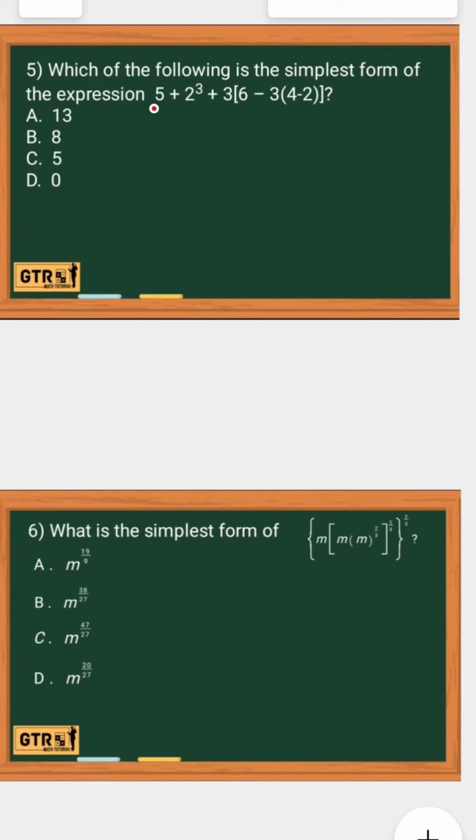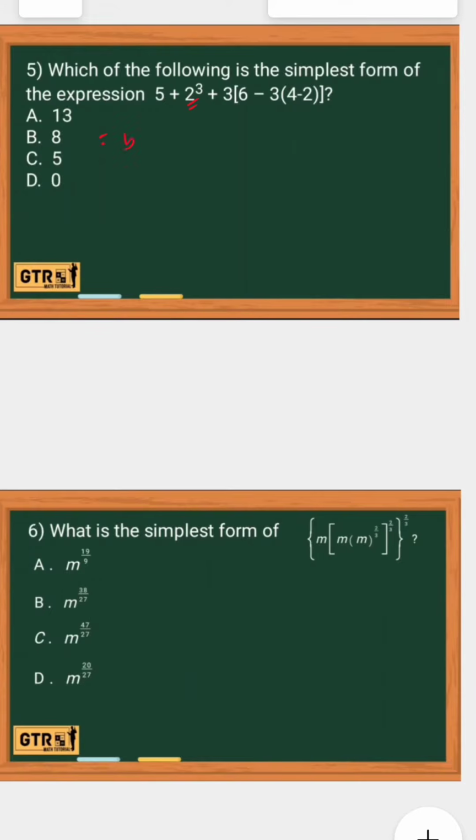Number 5, which of the following is the simplest form of the expression 5 plus 2 cubed plus 3 times quantity 6 minus 3 times quantity 4 minus 2? Okay, so we'll follow the rule PEMDAS. So first we do the parentheses, so this is what is inside the parentheses, and then the exponent. So at the same time we can evaluate this 2 cube.